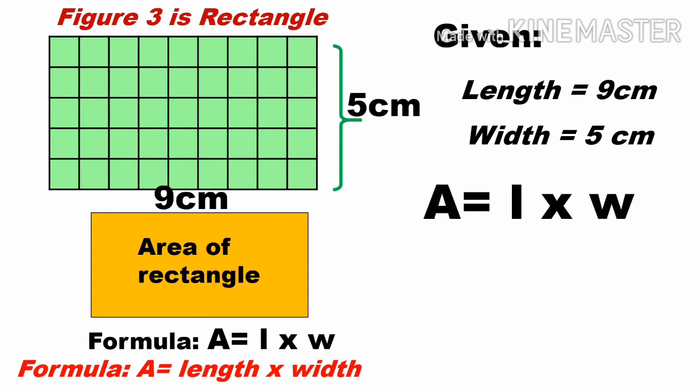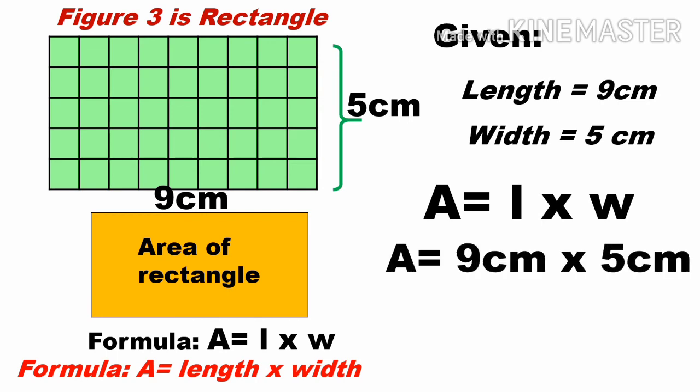And then we use the formula A is equal to L times W. So we substitute the value of the length and the width. So A is equal to 9 centimeter times 5 centimeter. So 9 centimeter times 5 centimeter is 45 square centimeter. So again, the area of the third figure, which is a rectangle, is 45 square centimeter.